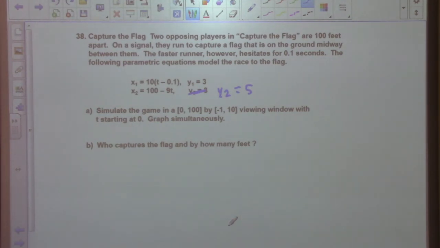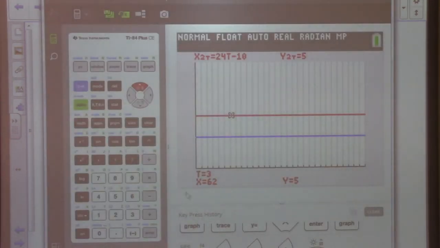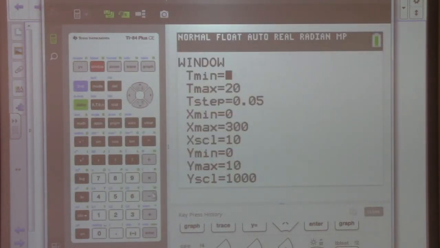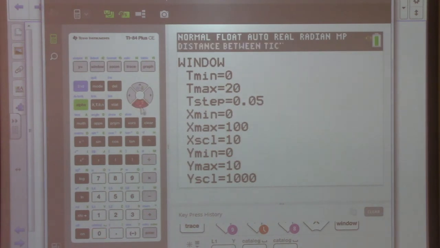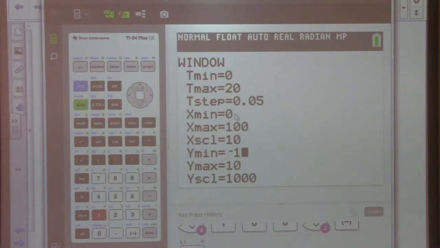With the window? Okay, 10 times t minus 0.1. What you should do for this window, it says 0 to 100, right? So they give you that. 0 to 100, and then here they say -1 to 10.